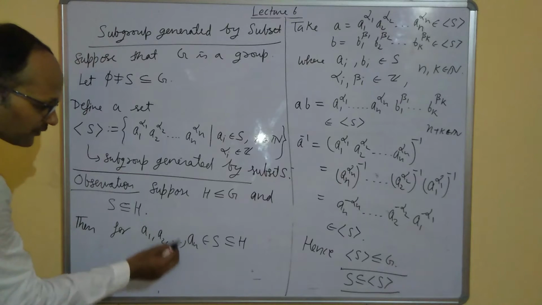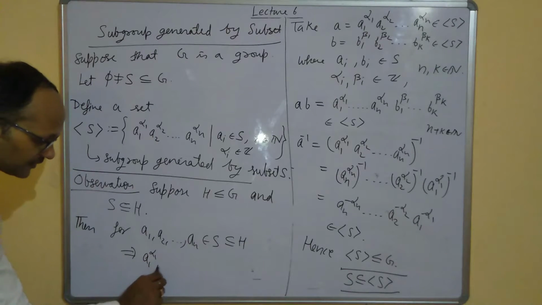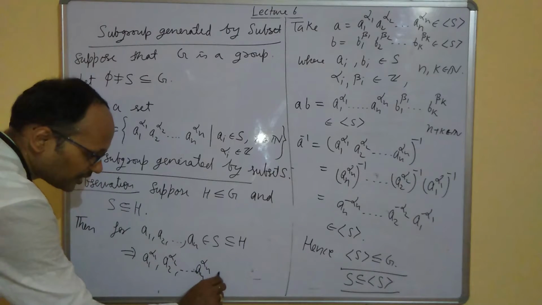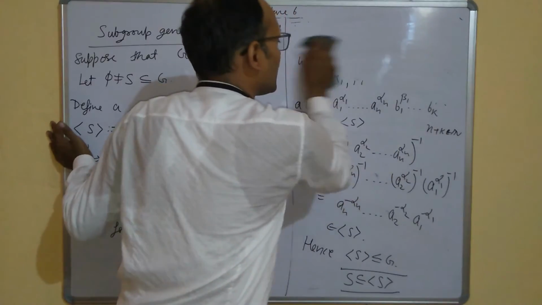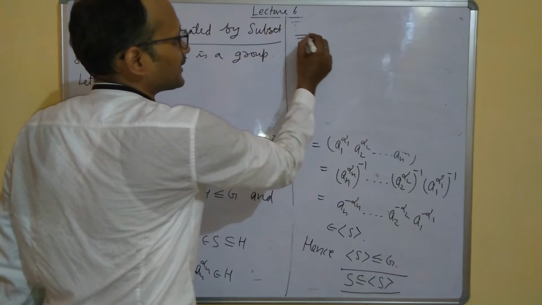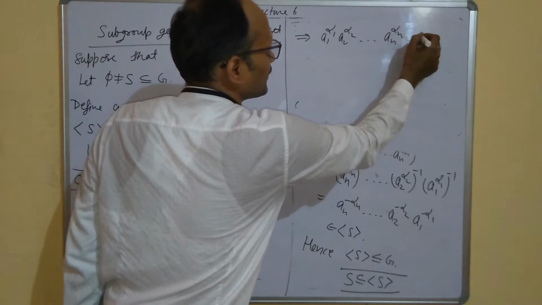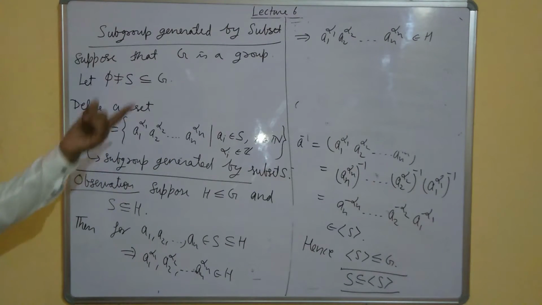So any power of a1, any power of a2 and any power of an will also be an element of H. This implies a1 to the power alpha 1, a2 to the power alpha 2, ..., an to the power alpha n will also be an element of H, because their product also belongs to H. So any element of this set belongs to H. Is it okay?